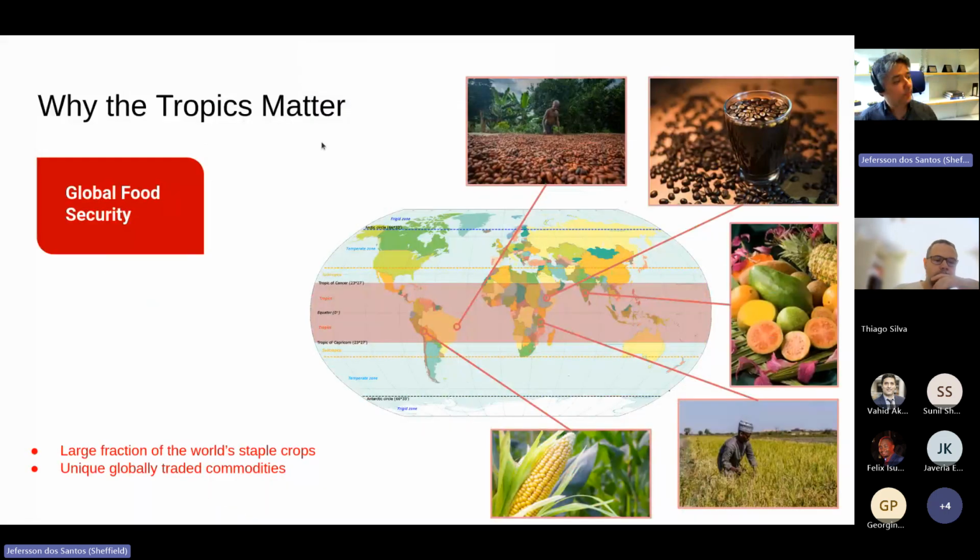So first of all, there is a huge importance of the tropics concerning global food security. A huge part of the world's staple crops comes from the tropics. Some specific food commodities are produced only in the tropical regions.